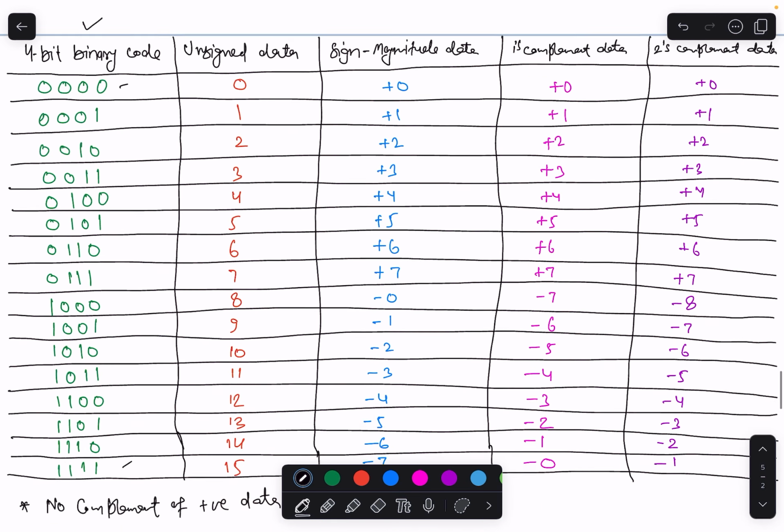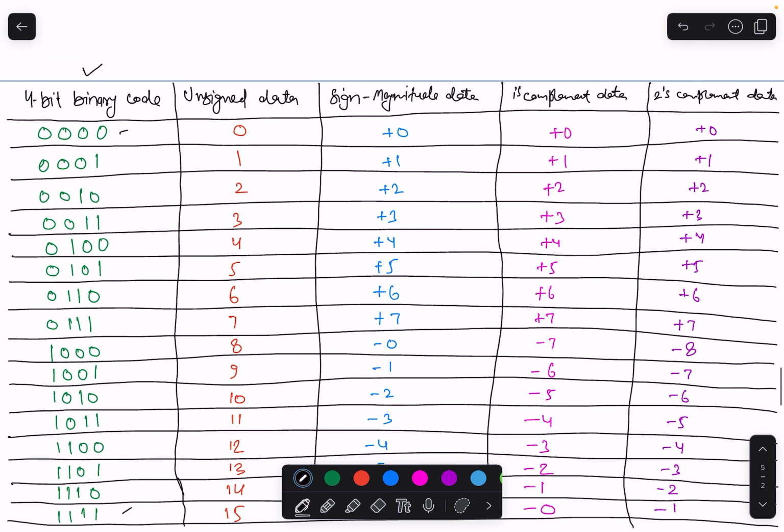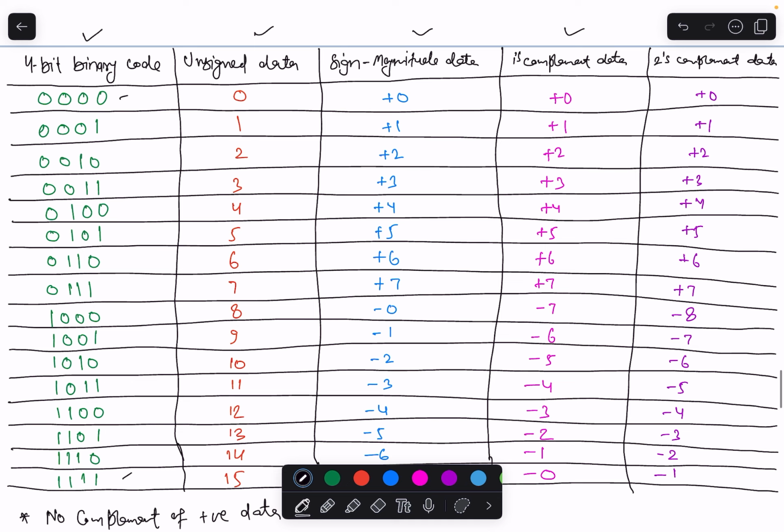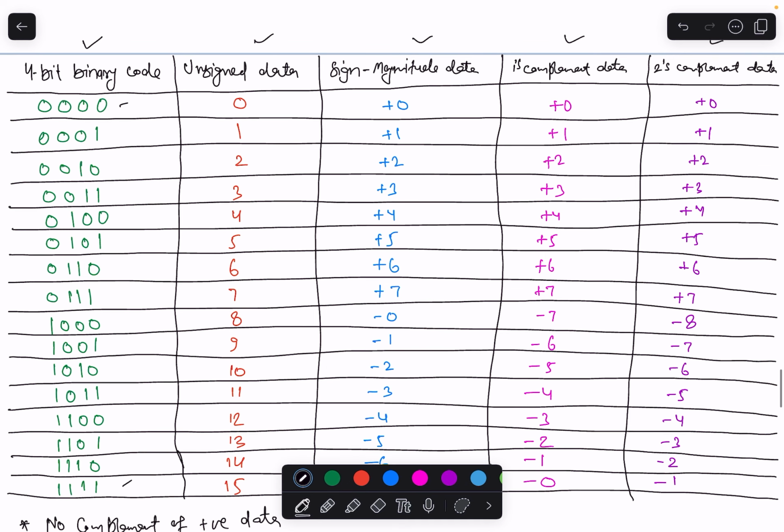In the fixed point data we have these four formats: unsigned, signed magnitude, ones complement and two's complement. From this table we can see that here the MSB is 0, that means these numbers are positive, and due to the symmetry of binary numbers, these numbers will be negative.